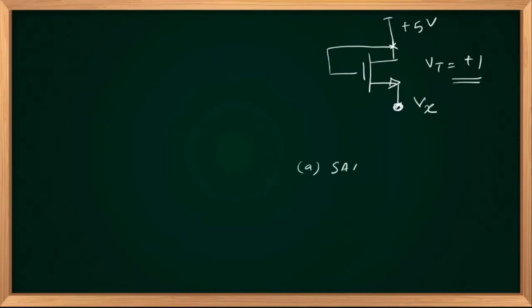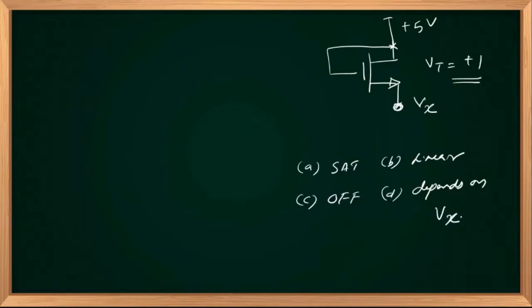First option A, saturation. B, linear. Third option, off state. Fourth option, it depends on Vx.